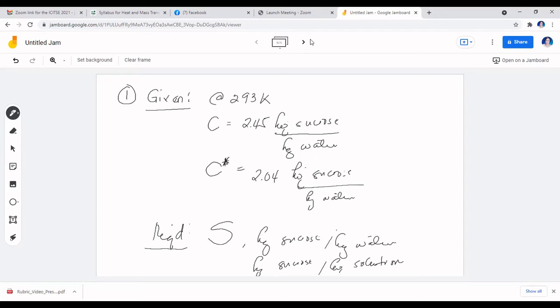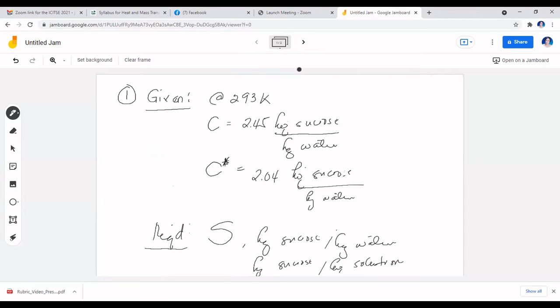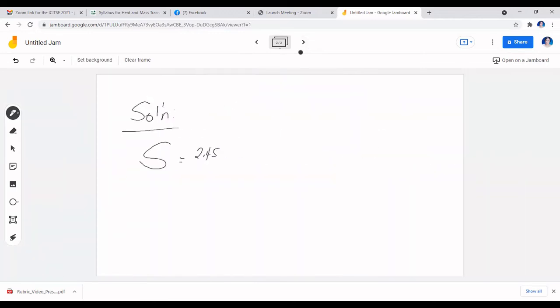The first one is very easy because you have everything there. So all you have to do is divide. So S in kilogram sucrose per kilogram water will be 2.45, based on this one, divided by 2.04.